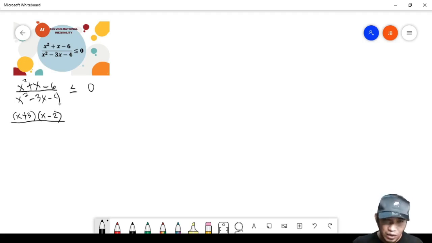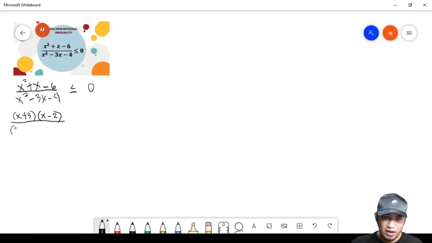Mag-isip na naman tayo ng dalawang number na kapag pinag-multiply mo is negative 4 ang sagot, at kapag pinag-add mo naman is negative 3 ang sagot. Okay? So ano yung factor ng negative 4? Negative 4 and 1. Kapag pinag-multiply natin, negative 4. Kapag pinag-add natin, negative 3.